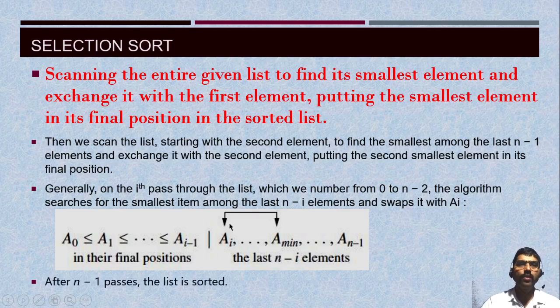In selection sort, we consider the array as an unsorted list at first, and we scan the entire given unsorted list to find its smallest element and exchange it with the first element, putting the smallest element in its final position in the sorted list.